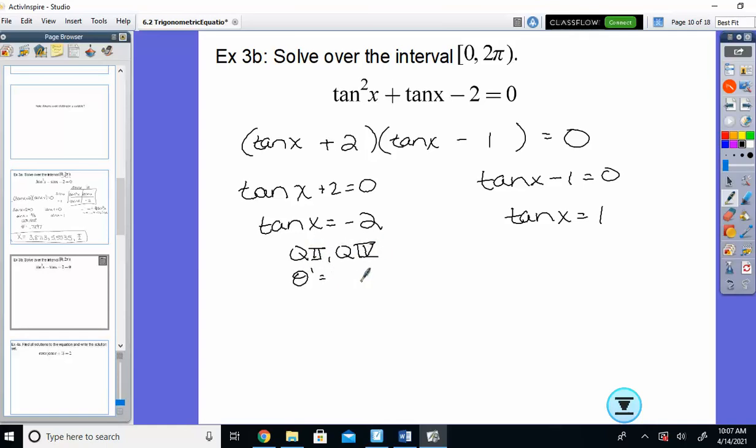Reference angle. We have to use our calculator, and what you are going to type in is tangent inverse of positive 2 to get our reference angle. We are still in radians because my interval was 0 to 2 pi. So we get 1.1071.